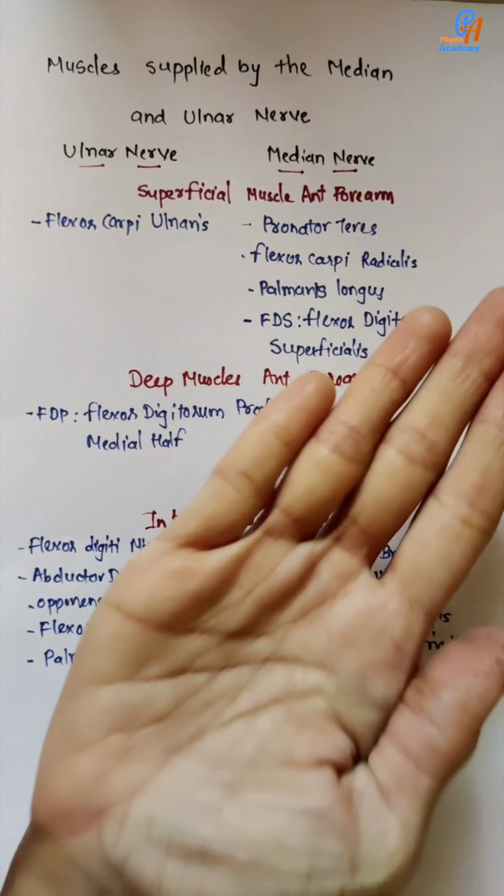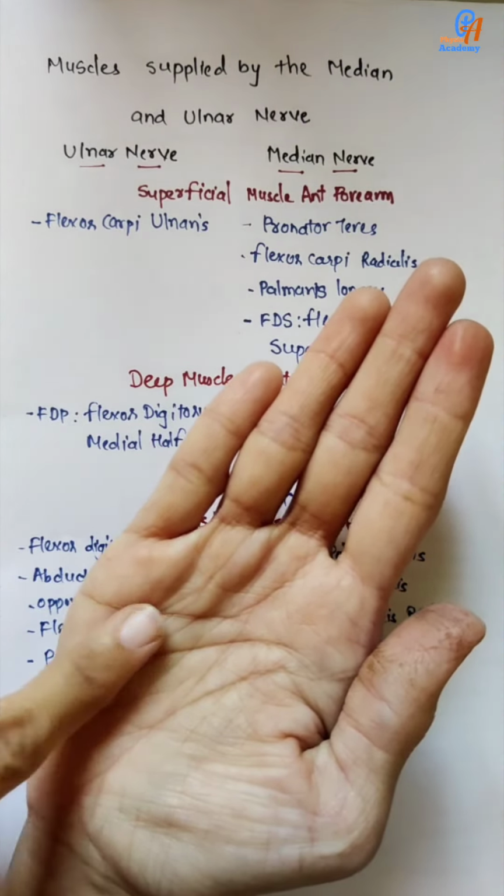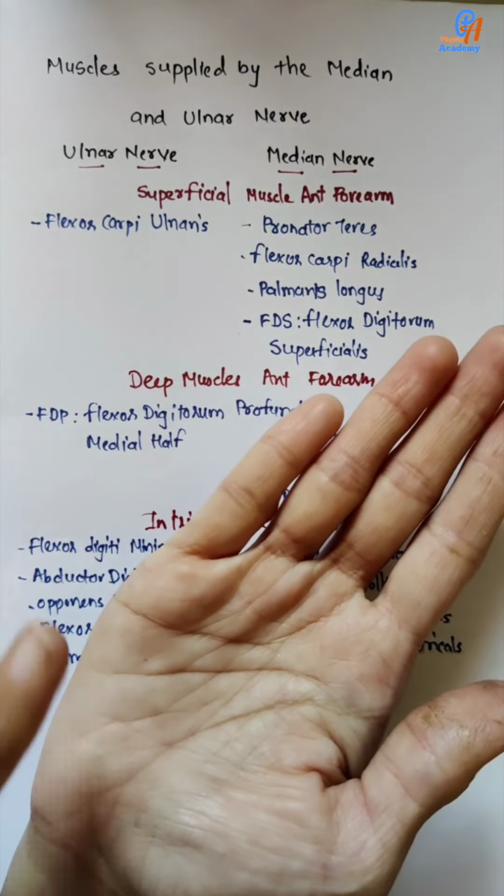The next, it supplies the third and fourth lumbricals. The first and second lumbricals are supplied by the median nerve.